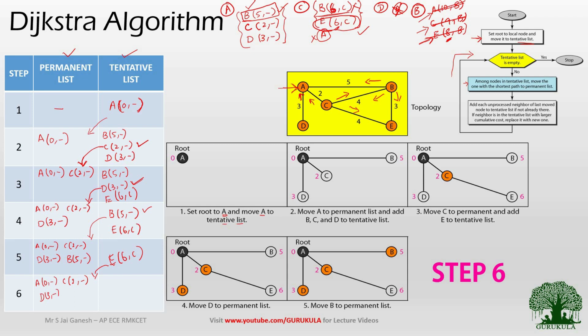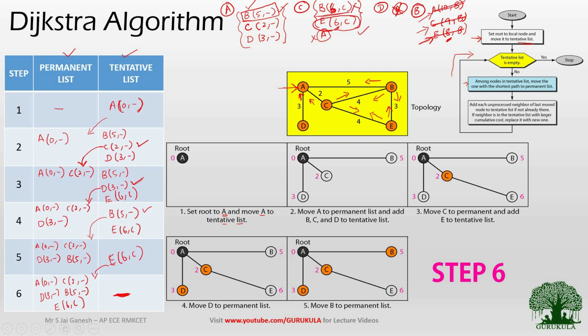Now we move E to the permanent list, and after doing this, all the neighbors of E are already processed. The neighbors of E are B and C. Both B and C are already processed, so there is no other node to be added to the tentative list.